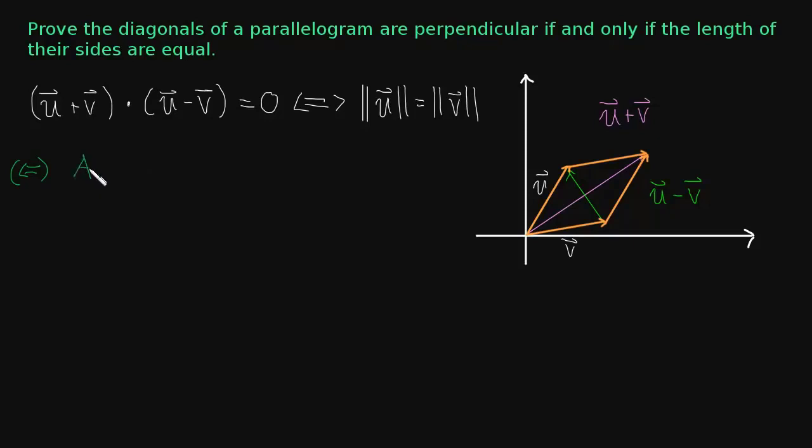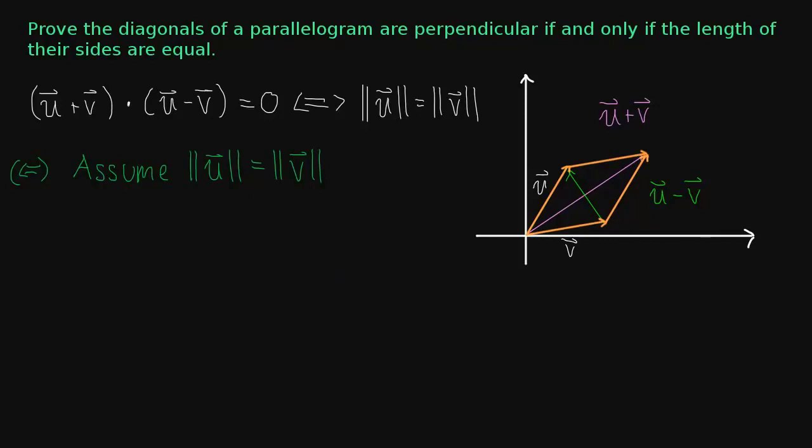So we're going to assume that the lengths are equal, and what we want to get to is that the vectors, or the diagonals, are perpendicular. So we're going to assume this. Now it seems like, well, where do we go from here? How do we construct a proof out of just this equality?